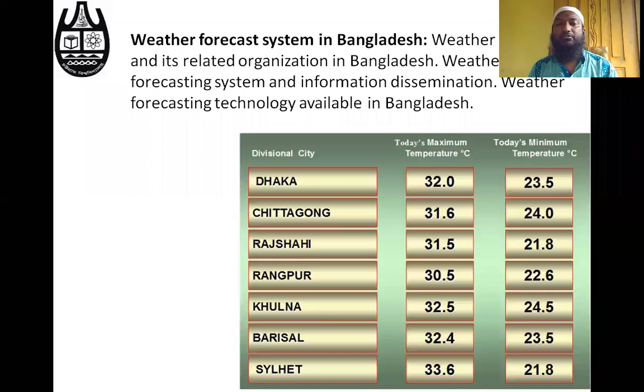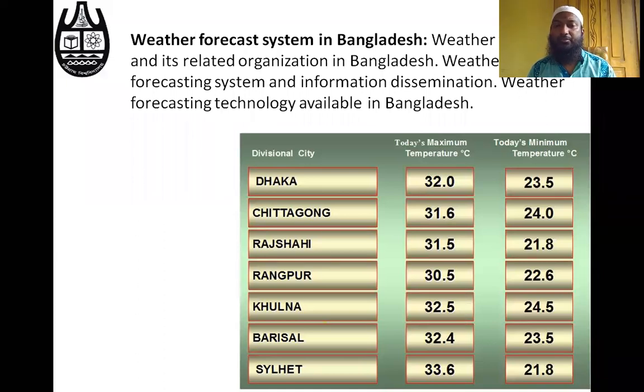So how the weather forecast system works, how it can be done, what technologies we should use in this forecast system, how in Bangladesh we are using this system, what different weather forecasting methods we have, and how we disseminate this forecasting knowledge among the users.